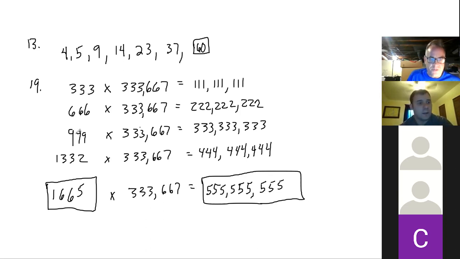So that's boom, boom, boom. And then 999 plus 333 gets you to 1332, and then 1332 plus 333 is 1,665. And it would appear now we could keep going.